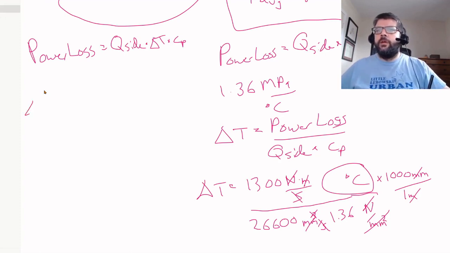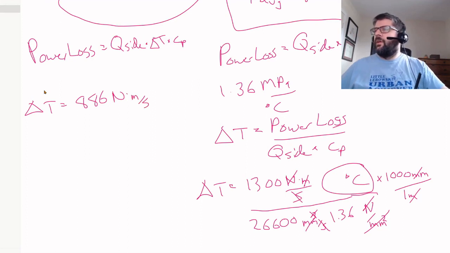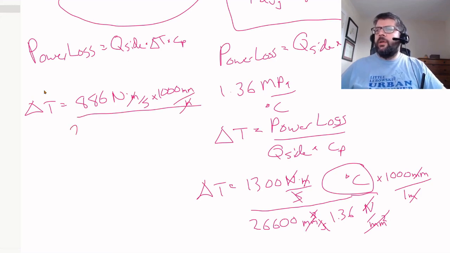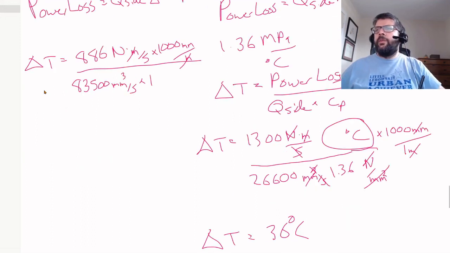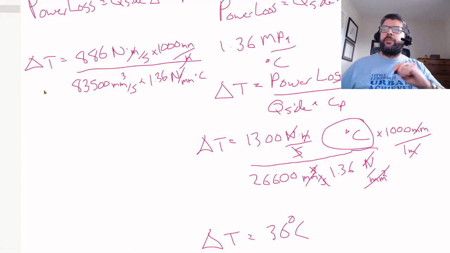So our delta T is going to be equal to 886 newton meters per second, and I'm going to have to convert meters to millimeters, all divided by the side flow for this case, 83,500 millimeters cubed per second, times our CP, 1.36 newtons per millimeter squared degrees Celsius.